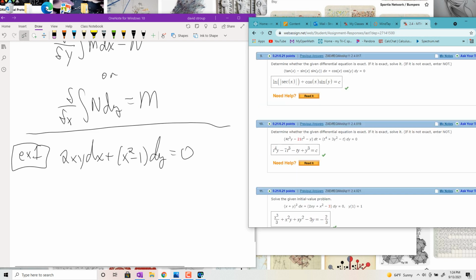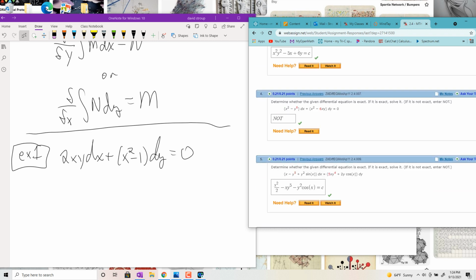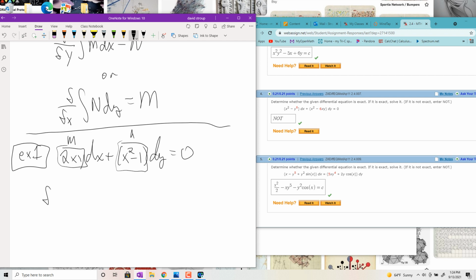When that happens, you just write none or not. They want you to write NOT in capital letters. So this thing right here is your M, this thing right here is your N. You need to take the partial of M with respect to y, and that will equal 2x. And make sure that's the same as your partial of N with respect to x.